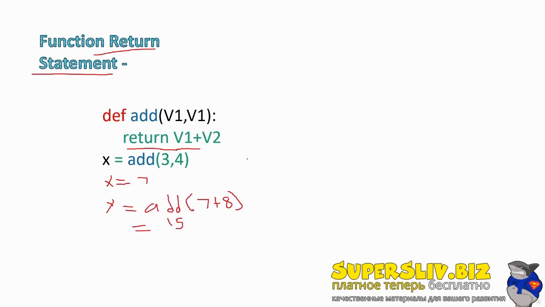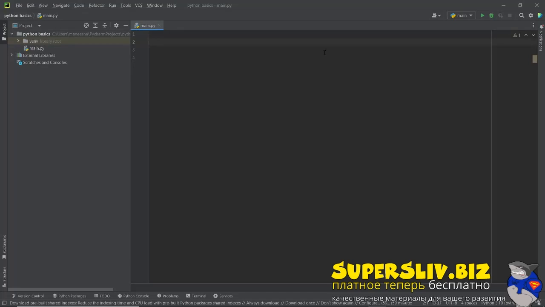Now let us go to PyCharm and take a look at live examples. Now I am creating a function called greet. For that I am typing the def keyword. Then the name of the function is greet. Then a pair of parentheses. Within the parentheses I am passing an argument called name. Then colon.